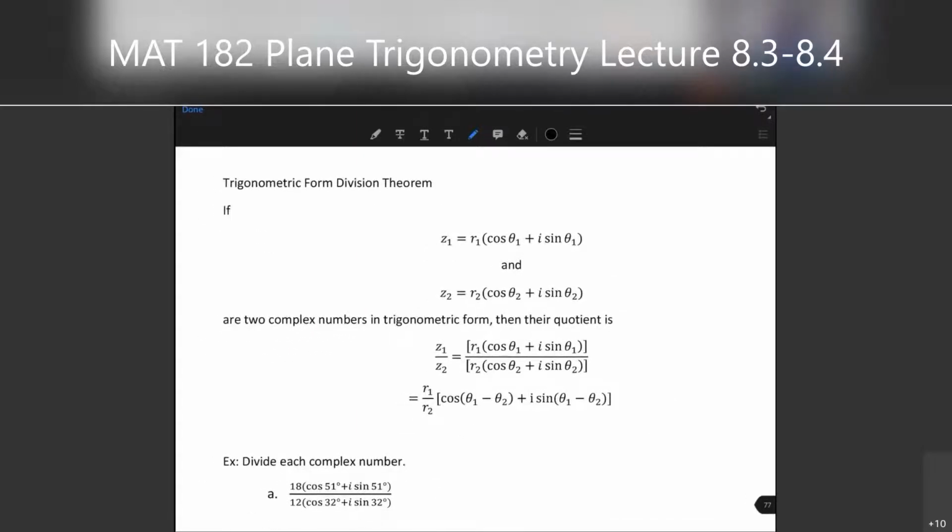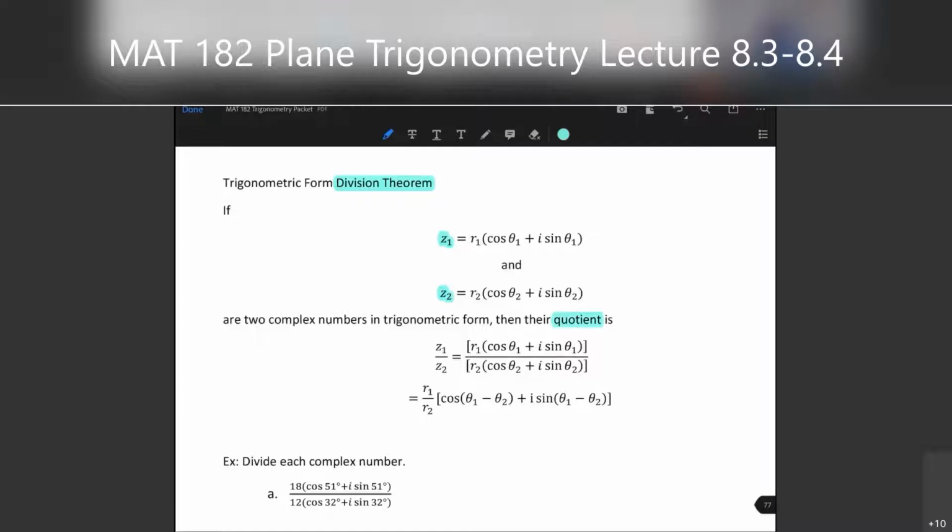Okay, so the next property, the second of really 3 main properties we'll take a look at in this section, is the division theorem. So again, we're going to be starting off with two complex numbers. We'll call them Z1 and Z2, just the same as before. And now we're going to take the quotient of Z1 and Z2.